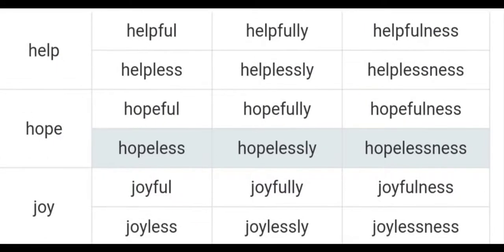Clear? Similarly, help, helpful, helpless, helpfully, helplessly, helpfulness, helplessness; hope, hopeful, hopeless, hopefully, hopelessly, hopefulness, hopelessness; joy, joyful, joyless, joyfully, joylessly, joyfulness, joylessness. Clear? What is clear to us?